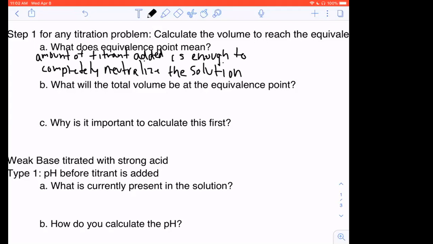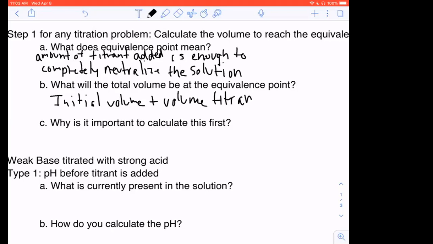One of the reasons why this is important is because in order to find the equivalence point, you're already determining how many moles of your compound you have to start with. Since you're determining how many moles you have to start with, that'll help a lot with your later calculations. The total volume at the equivalence point is going to be initial volume plus volume of titrant added.